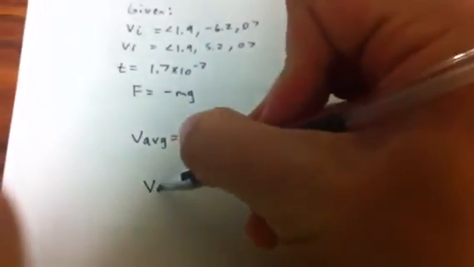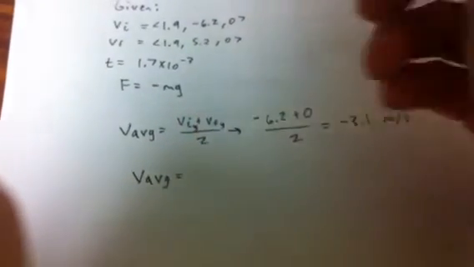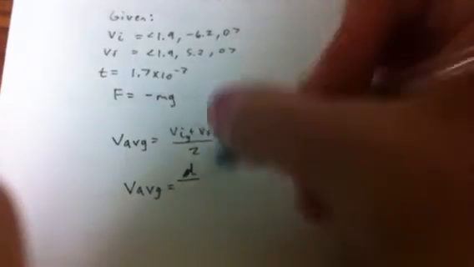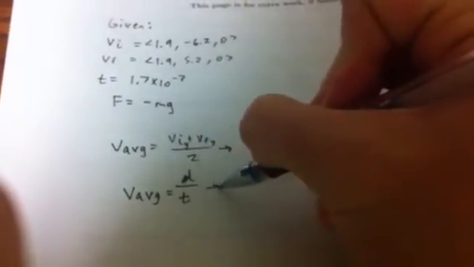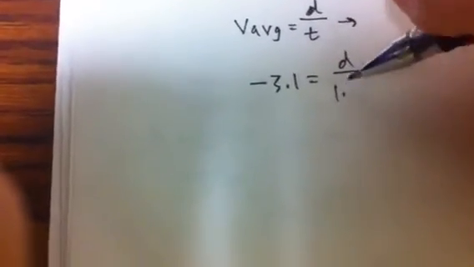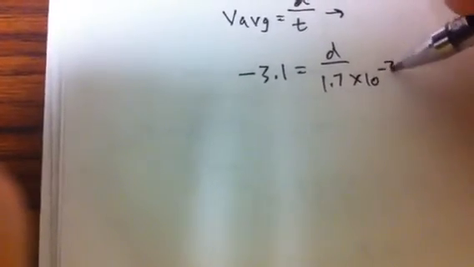So we use this velocity, and we can do V average equals the distance of the crush over the time. And we have the time given right here, 1.7 times 10 to the negative 3 seconds. So then we set the V average equal to that, so we do 3.1 equals d over 1.7 times 10 to the negative 3rd seconds.